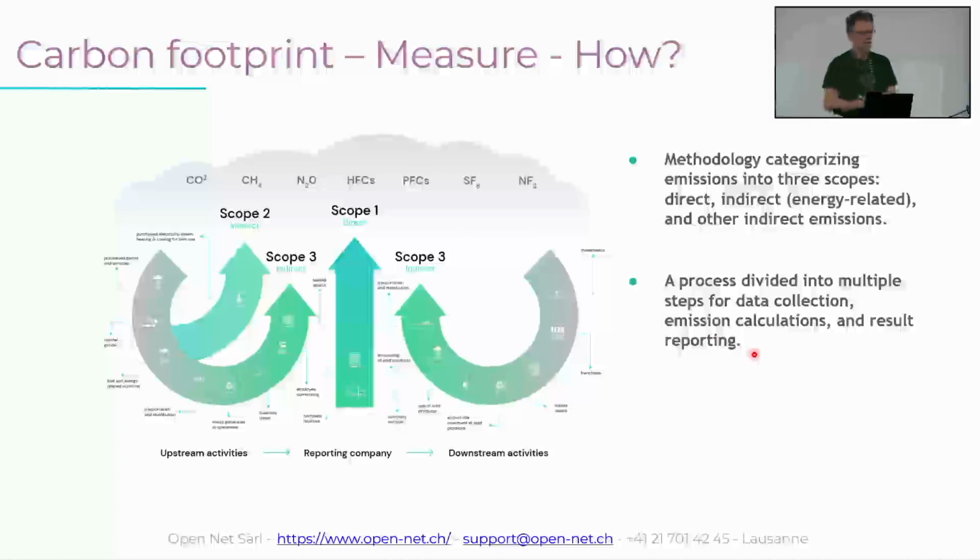The process is divided in several steps. First, and that's the most painful part, you need to collect the data. Then you need to measure and to compute the emissions. And in the end, this is the reporting that you need to provide.